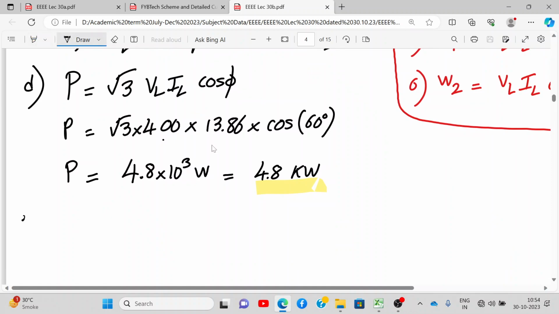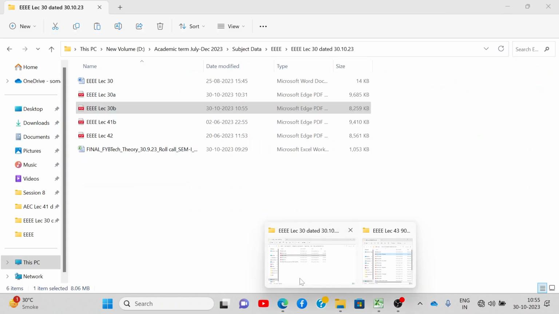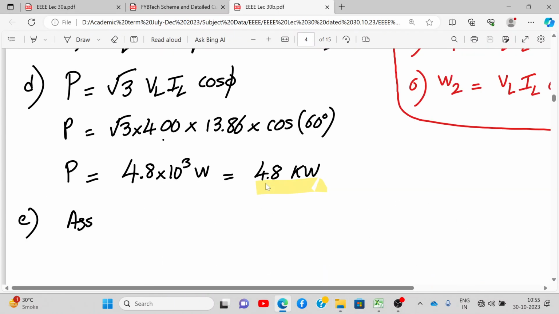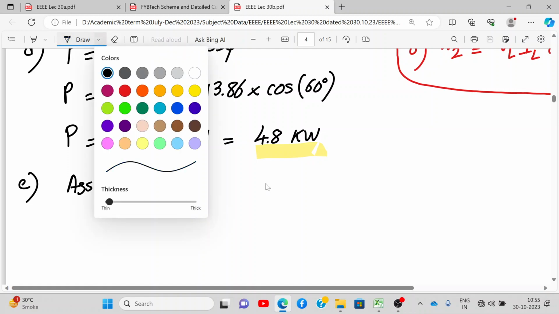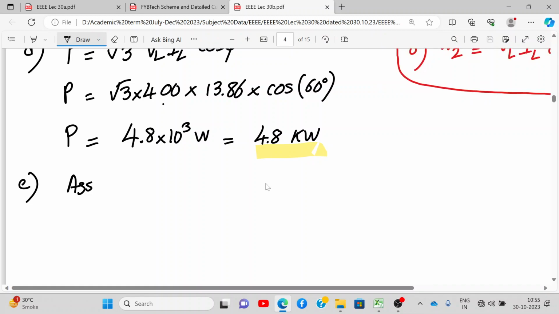So what will be the formula over here? So assuming, so what are the formulas?